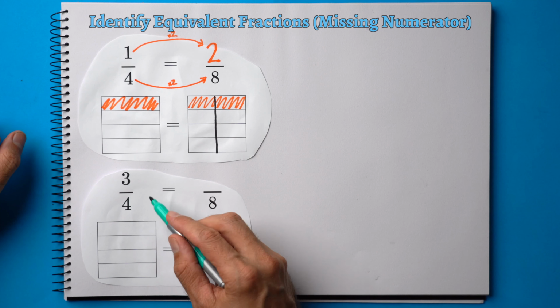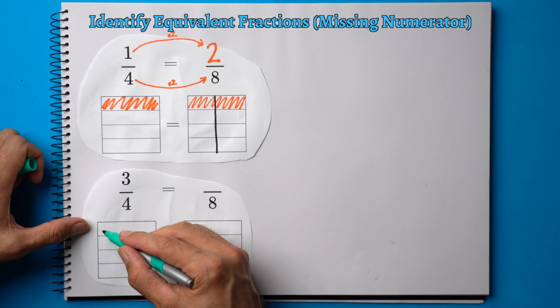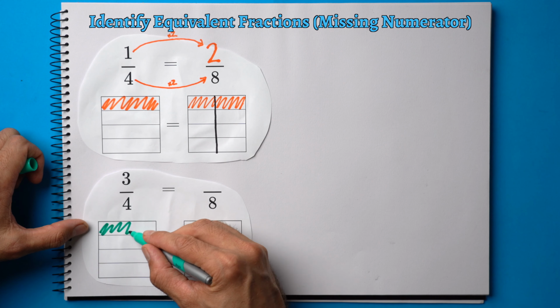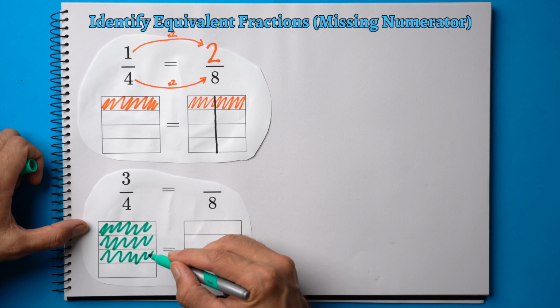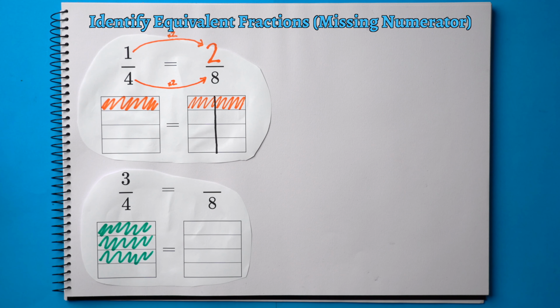So in this next one, I've got 3/4, and again, it is helpful to have a diagram and colour in 1 part, 2 parts, 3 parts. Okay, there's my 3/4 coloured. Now this time, I'm not going to jump straight into the diagram on this side. I'm going to show you how we work this out.